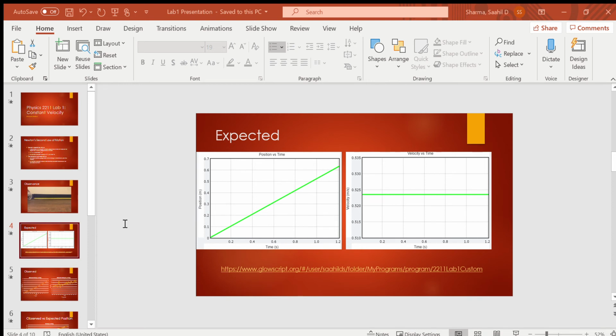Basically, we created the ball with the radius in centimeters of the hamster ball, and then we set the initial velocity, or the constant velocity, equal to the average velocity we calculated based on the timestamp. We had this while loop run for 1.2 seconds because that's how long the actual video was, and then we had the position changing by the rate of the average velocity. So we see here that the relationship between position and time is perfectly linear, and the velocity is relatively constant.